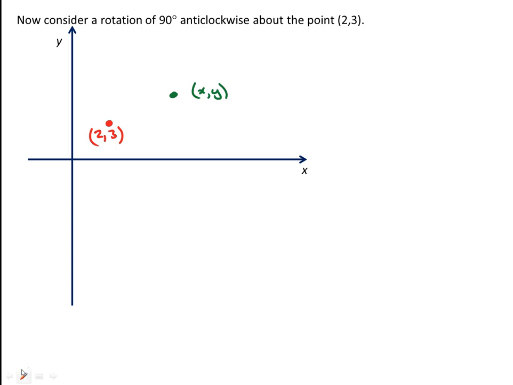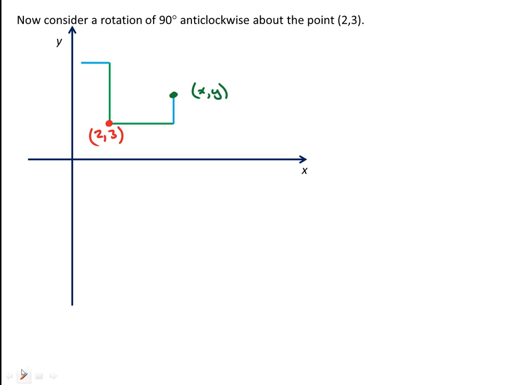Now, when dealing with rotations, particularly rotations through right angles, it's very convenient to deal with an L shape, with the sides of the L shape being parallel to the axes. So there's my L shape joining the centre of the rotation to our arbitrary point xy. And when I do the rotation, the L shape will look like that.